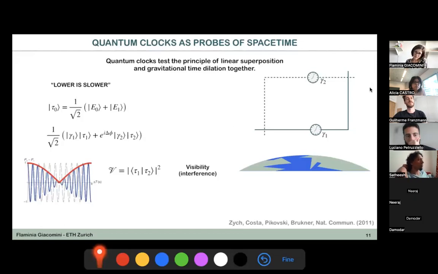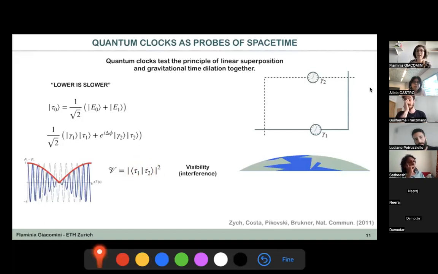So now let's pause for a minute and let's look at what this loss of visibility is. This is the state of the clock just before the final beam splitter. This is tau 1 and this is tau 2. It refers to the different time the clock is telling us just before we recombine the paths, just because it has spent time at different heights in the gravitational field. If the time was the same, then here I would have 1, so perfect overlap between the clock in the lower path and in the upper path.